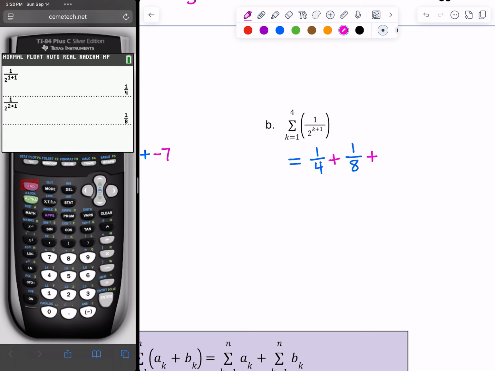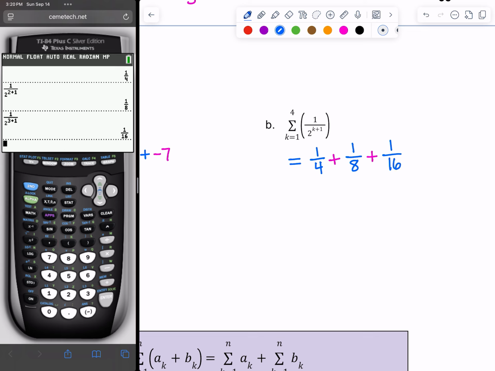plus, do the same thing except we're plugging in 3. That will end up giving us 1 over 16. And then we have to do our last 4th term, which will end up giving us 1 over 32. So we will add all these up.